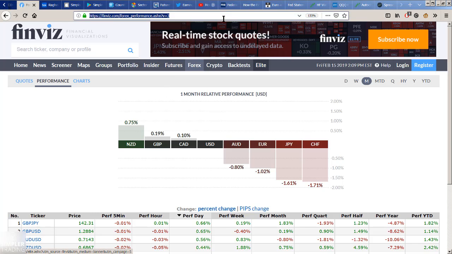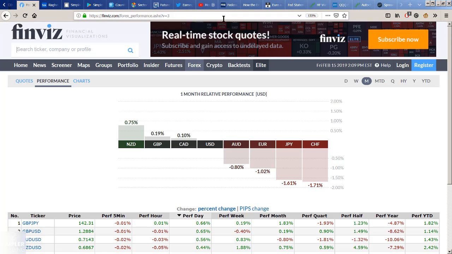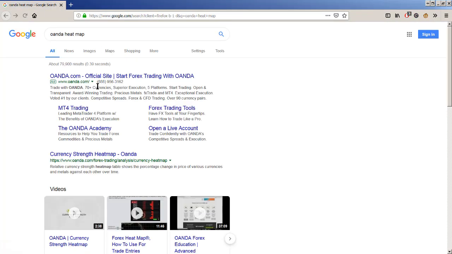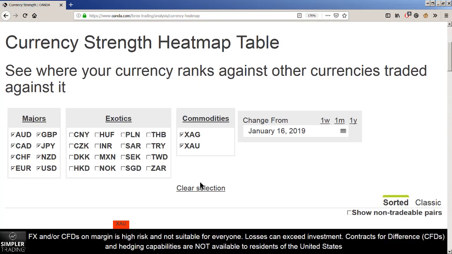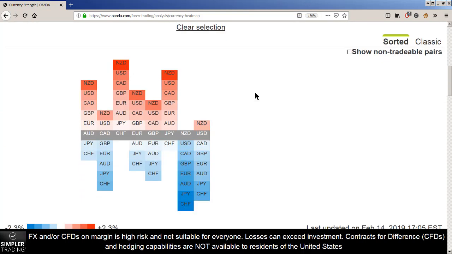And then the other one is from a company called Oanda, and they make this heat map available for free. You can just Google Oanda heat map, and then there it is, currency strength heat map. So just Google that, and it'll take you right to the link. And this is a very effective way of looking at strength and weakness because they're literally laid up against each other, like just one next to the other.